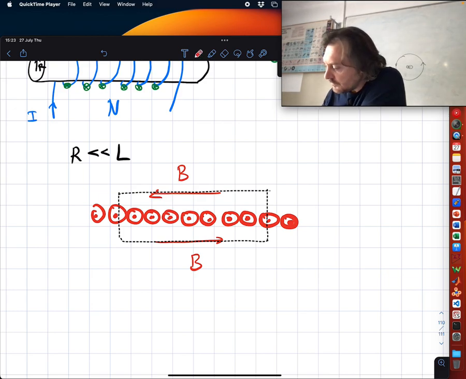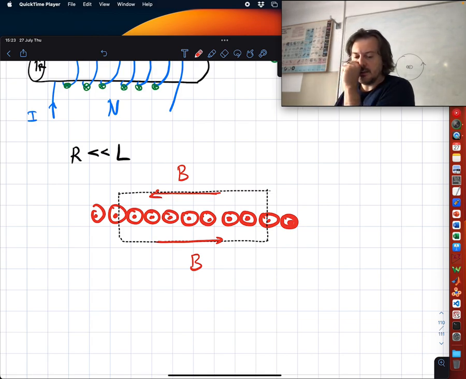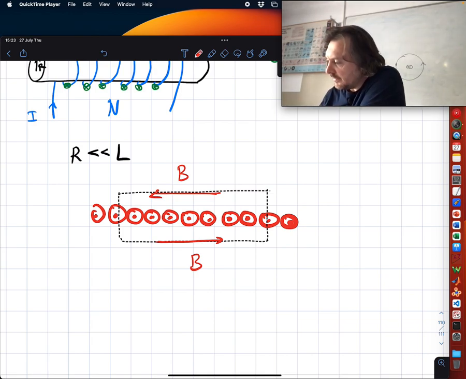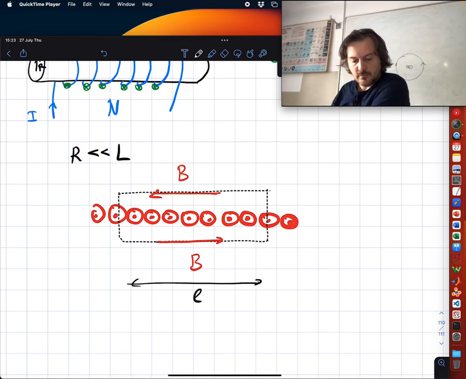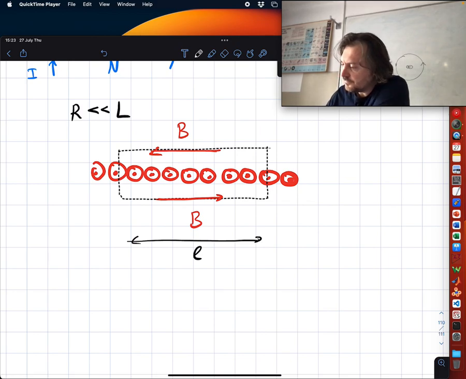Okay. So let's say this loop has a length of L. The loop has a length L. So what is B dot dl here?